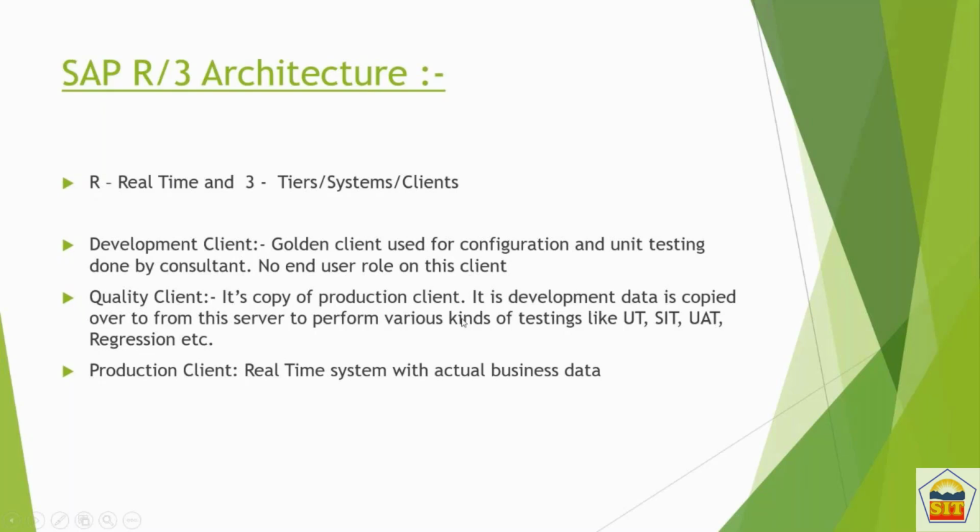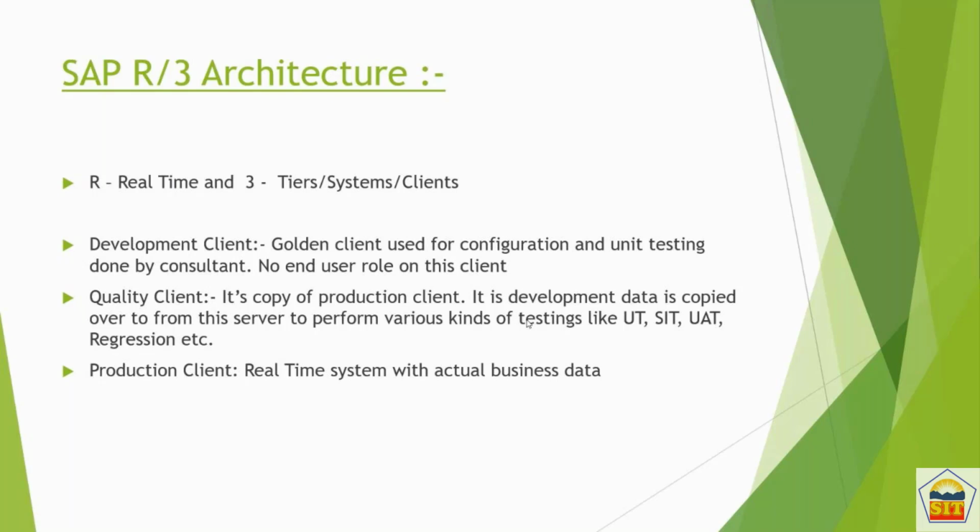Here in this quality system, we need to carry out various types of testing. What kind of testing do we have? We have the unit testing, we have the system integration testing, and we have the user acceptance testing. Why user acceptance testing? Because this quality client can also be used by the users.